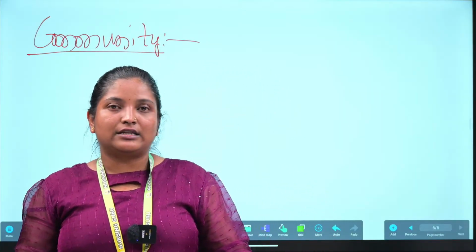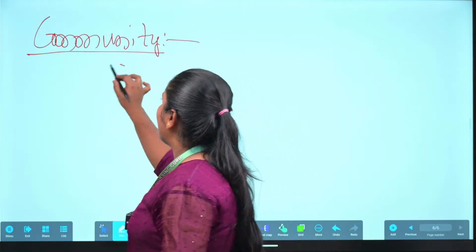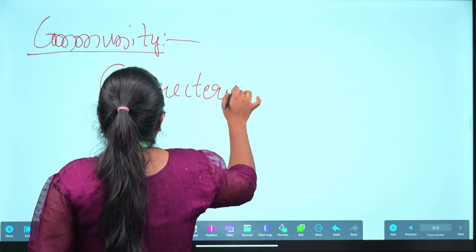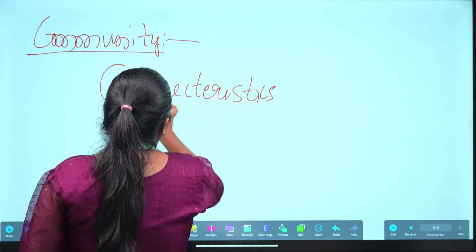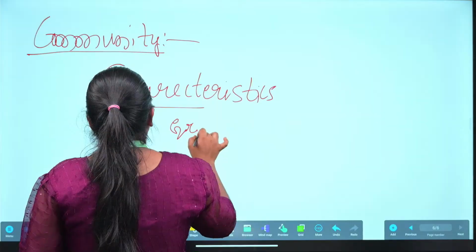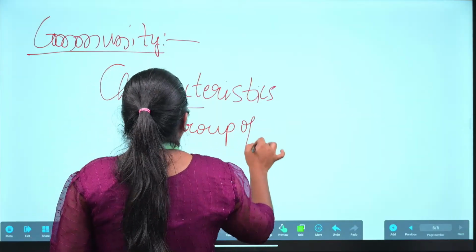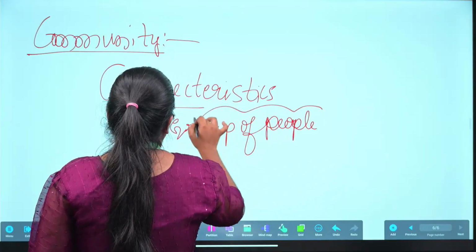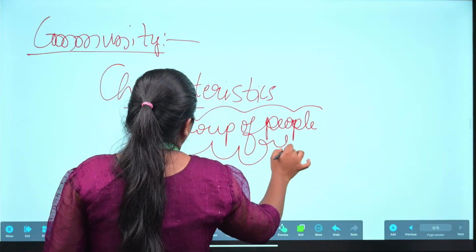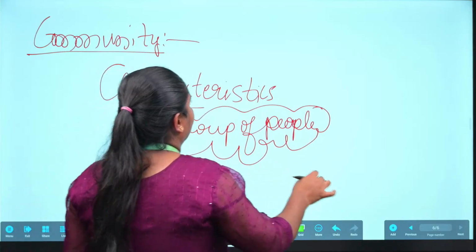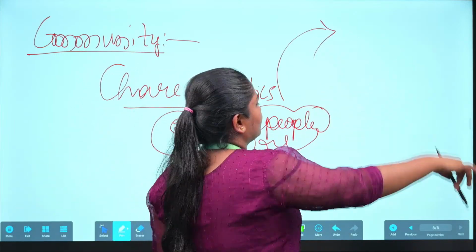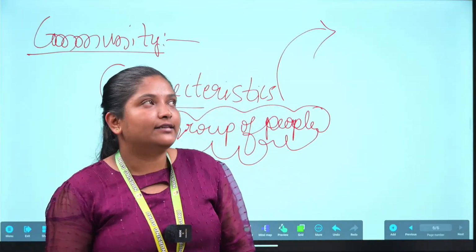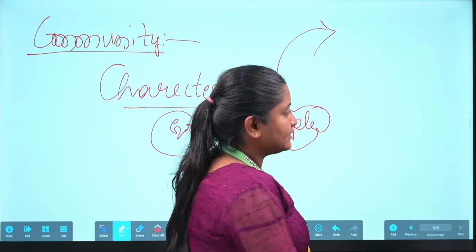The characteristics of the community: first one is a group of people. Okay, so it is a group of people. Defined locality.